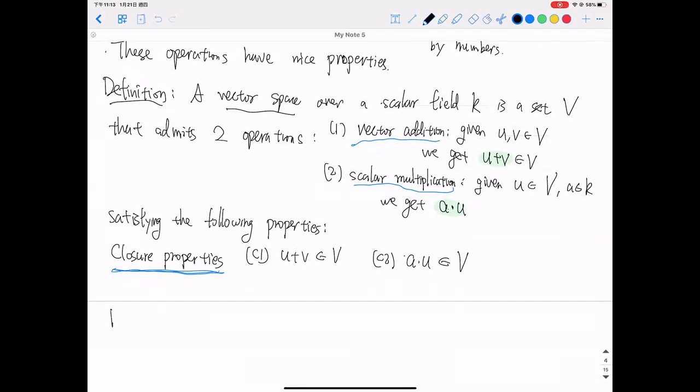Now, properties of vector addition. Okay, there are 4 of them.